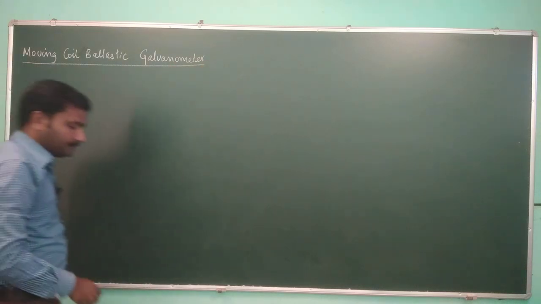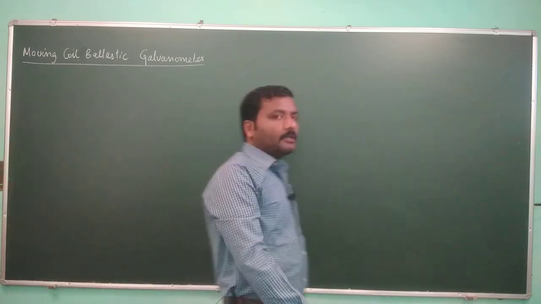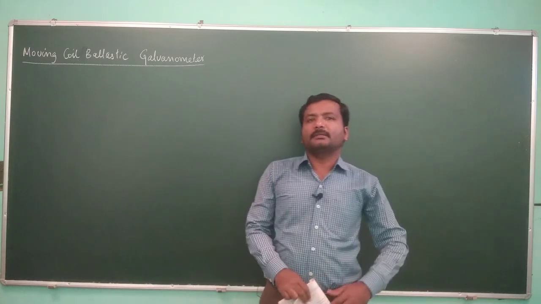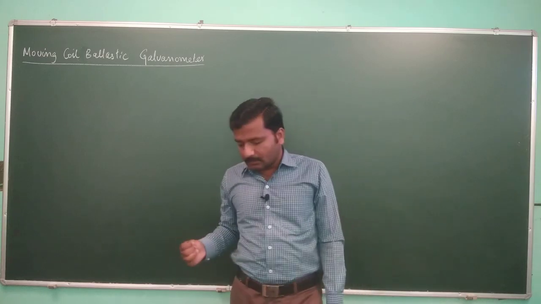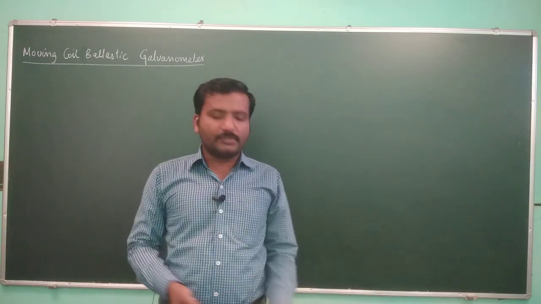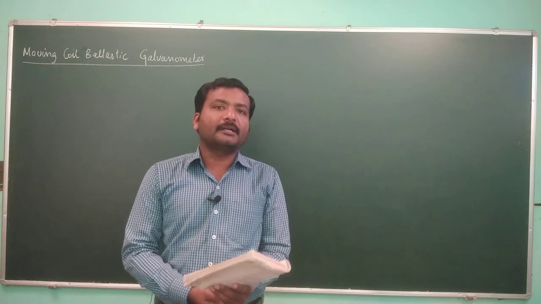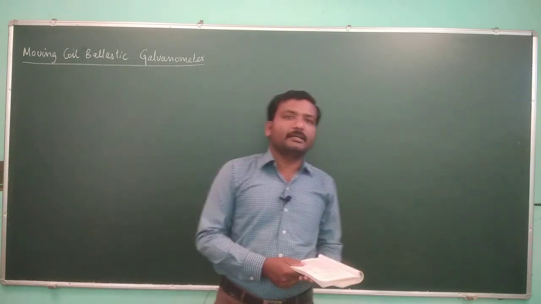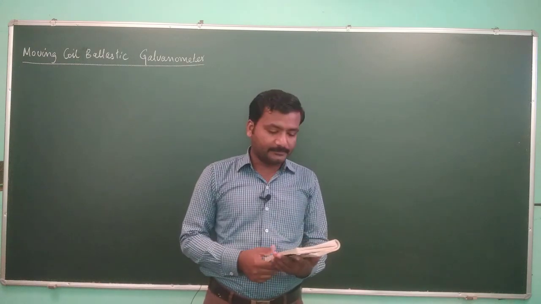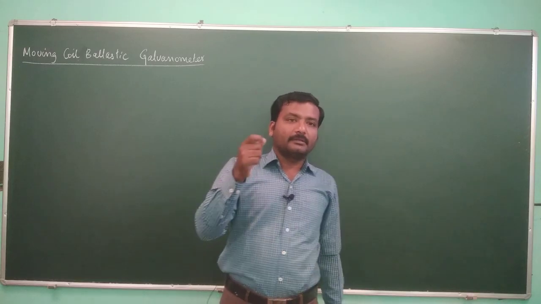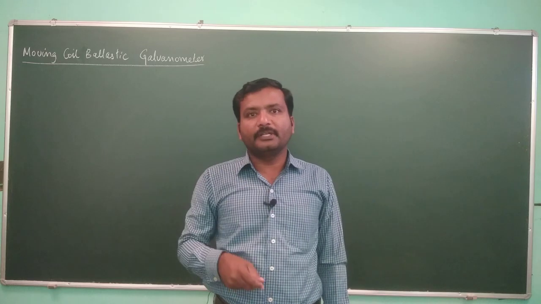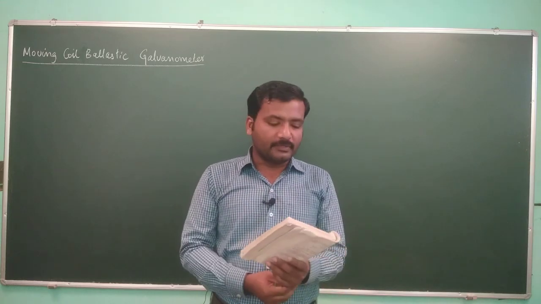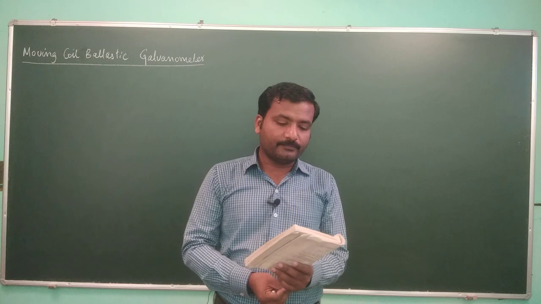What is the principle? The principle of the moving coil galvanometer and moving coil ballistic galvanometer. In general, the principle of the galvanometer is that a current carrying wire, made up of a coil, is suspended freely in a magnetic field.